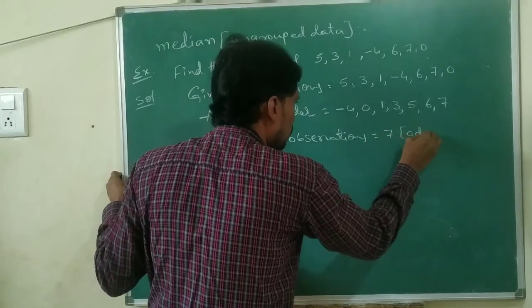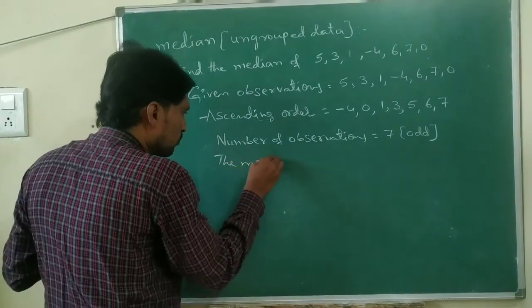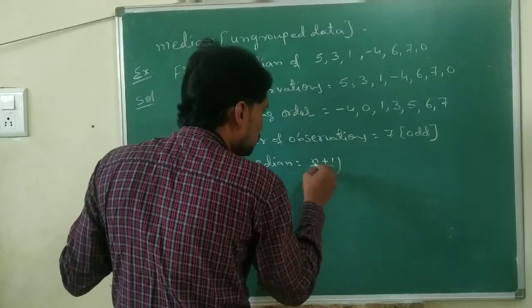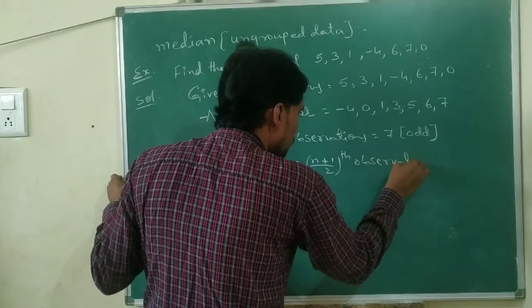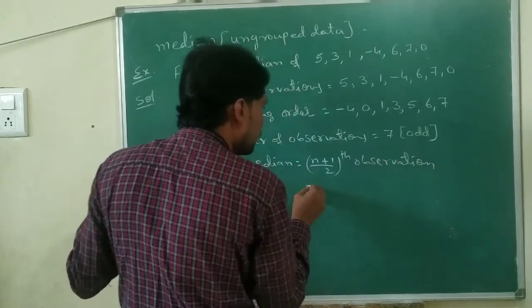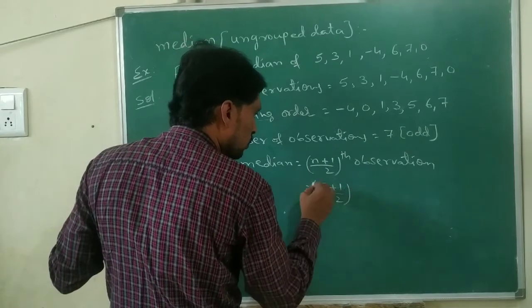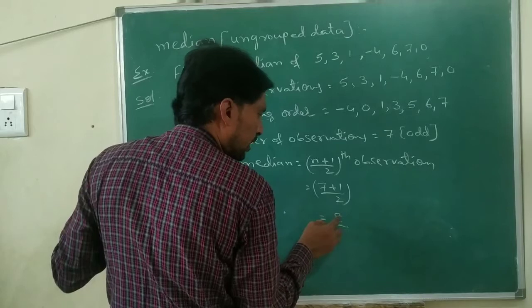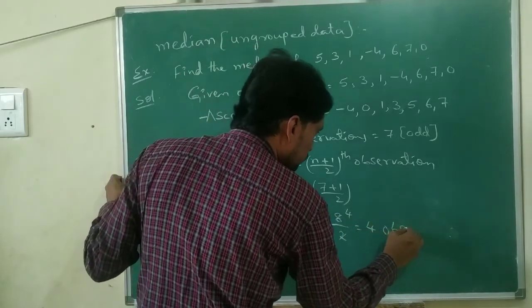7 means it is an odd number. So the median equals the (n plus 1) by 2 th observation. What is n here? 7. So (n plus 1) by 2 means 7 plus 1 is 8, by 2, which is 4. It means the fourth observation.